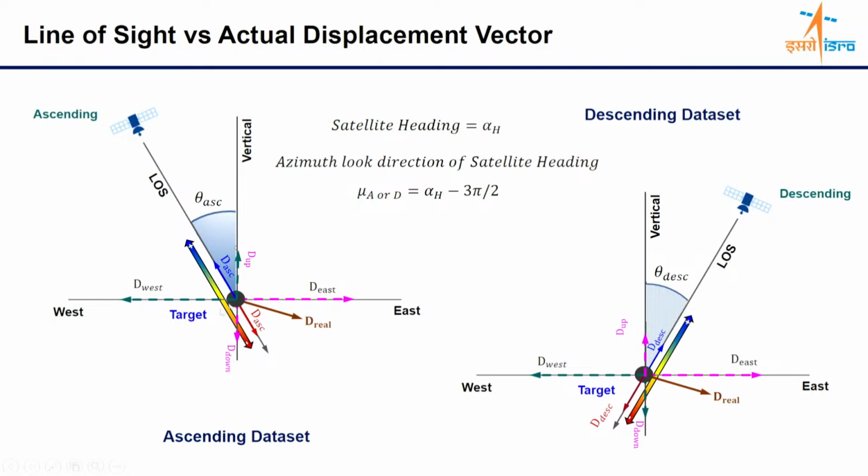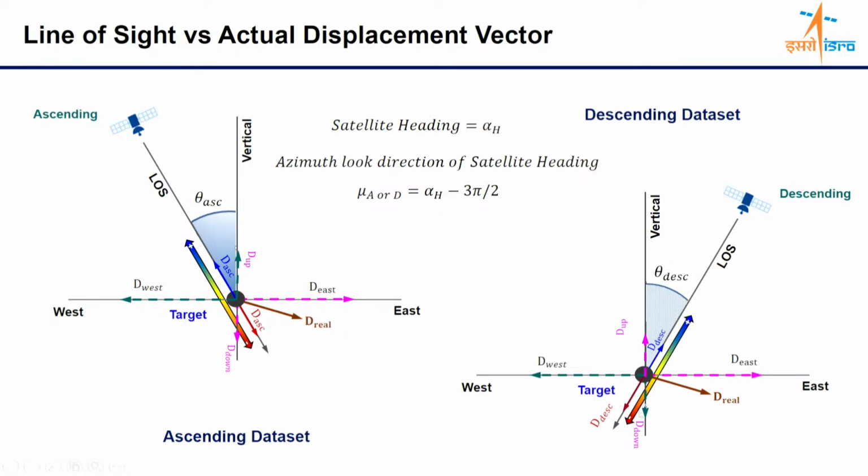Here you can see this is the scenario if we are acquiring the data set in the ascending pass. This is theta, the incidence angle. And the same situation we can assume in the descending pass. In the descending pass, the satellite is moving from the north pole to the south pole, not exactly, but slightly eastward of the north pole to slightly westward of the south pole.